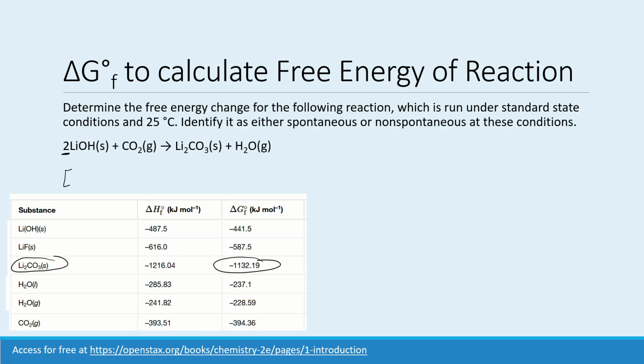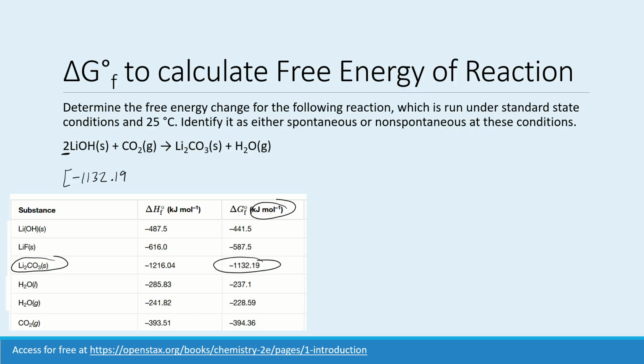Okay, so we need that negative 1132.19. I'm going to ignore the units until the end because it's all in kilojoules per mole. We don't really need to worry about what those are.